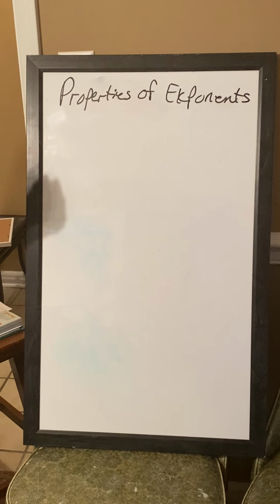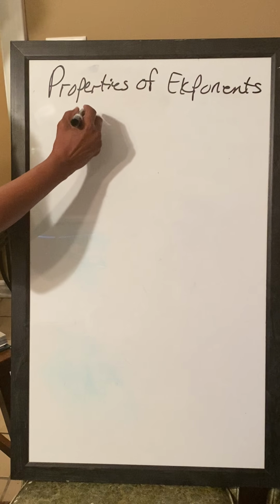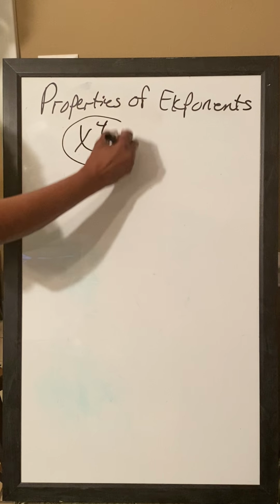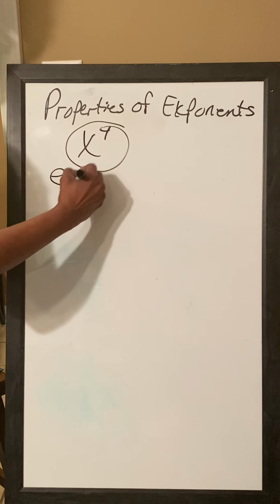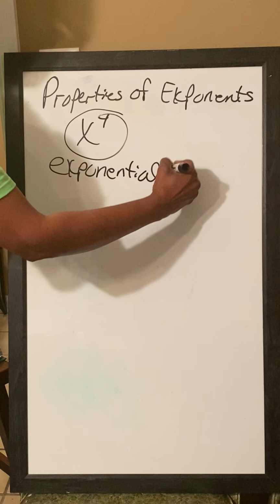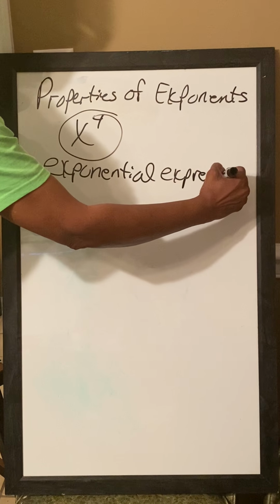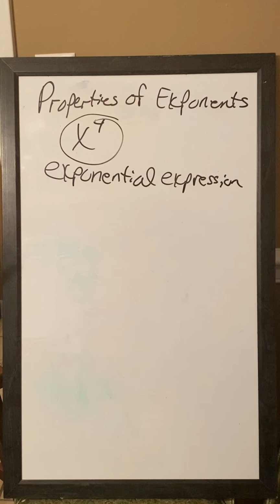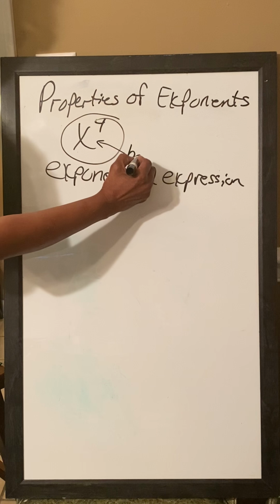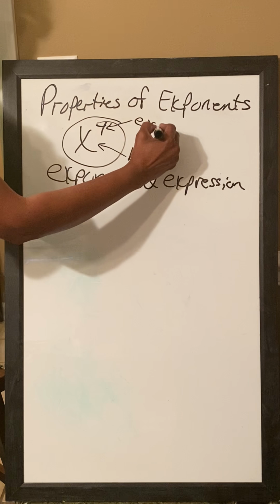First of all, let's go back and refresh our memory on something. If I had x raised to the fourth power, this is called an exponential expression. This expression has two parts. This x right here is called the base, and this 4 is called the exponent.